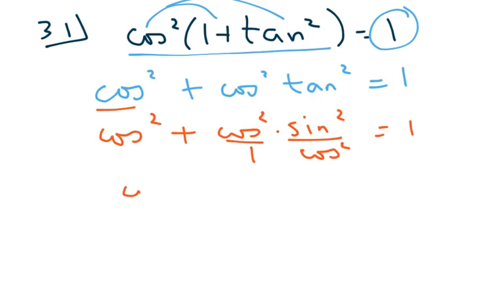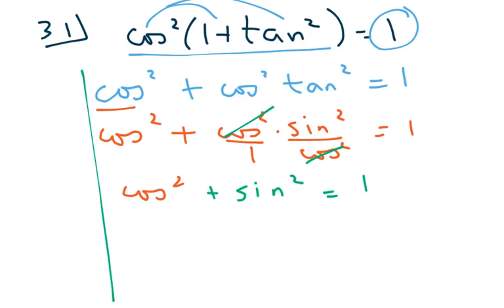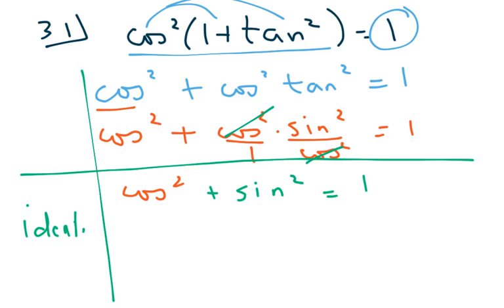Then these two cancel, so we get cosine squared plus sine squared equals 1. And we know from our identities that cosine squared plus sine squared equals 1. So we have 1 equals 1.